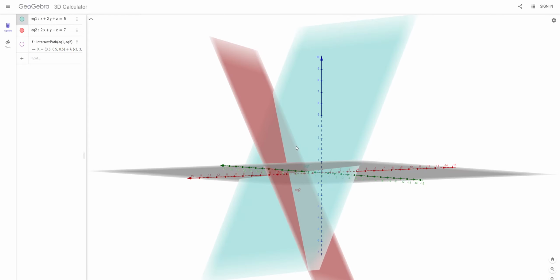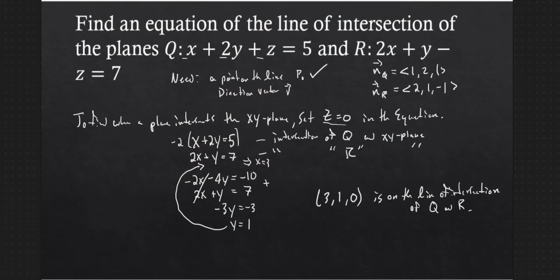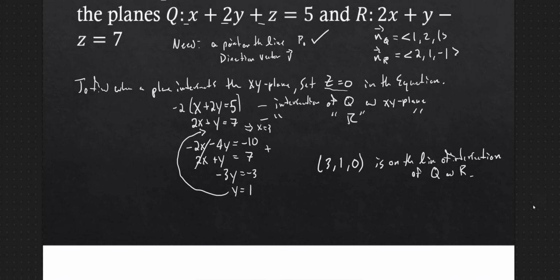Since the line of intersection is on both planes, it must be orthogonal to each of those two normal vectors. We're just trying to find a vector that's normal to both of these. And to do that, we do a cross product, as we have done before.